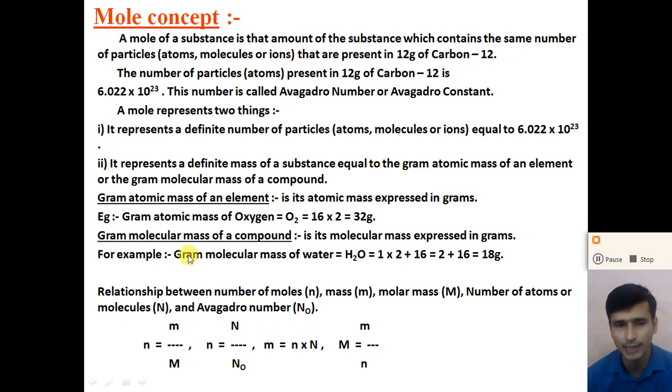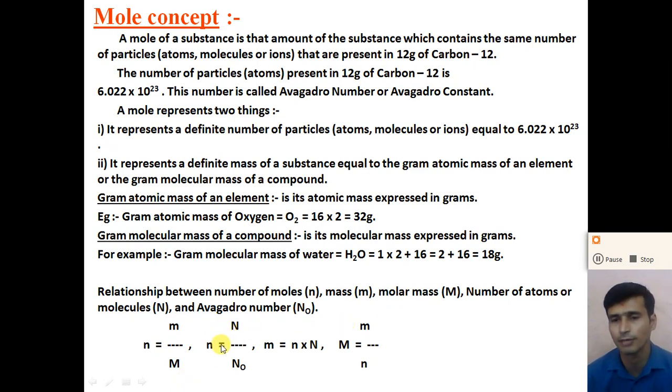The number of moles n is equal to the mass of the substance divided by the molecular mass, n = m/M, where small m is the mass and capital M is the molecular mass. Dividing the mass by the molecular mass gives the number of moles of the substance.